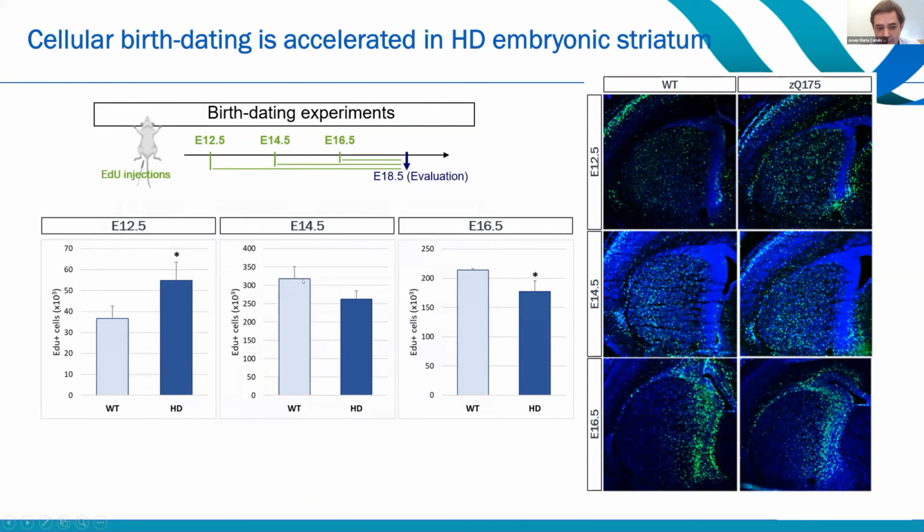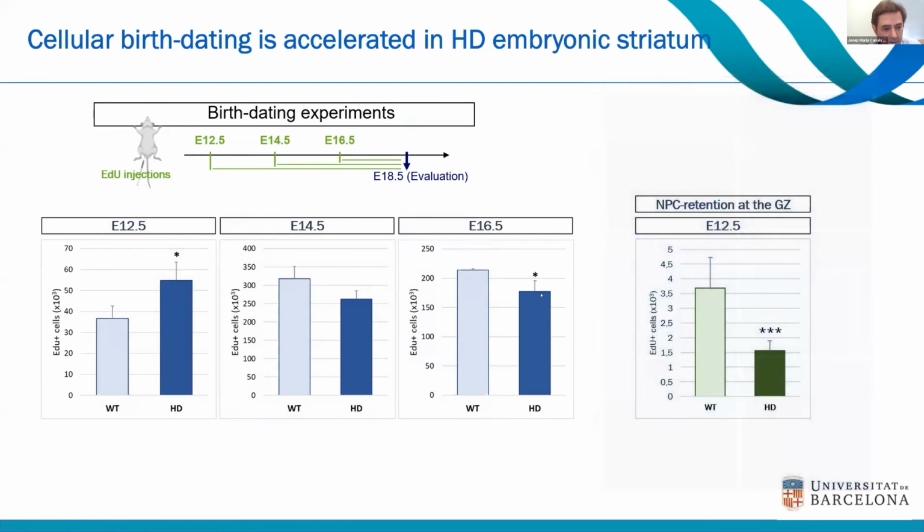And there is a tendency to decrease at E14 and a decrease at E16. Keeping with these results, we observe that the retention of progenitors in the germinal zone is decreased in Huntington's disease. So this could be due to the accelerated neurogenesis. The pool of progenitors is decreased, and this exhausts the progenitors, and for that reason we observe a decrease in the birth dating in the later stages.